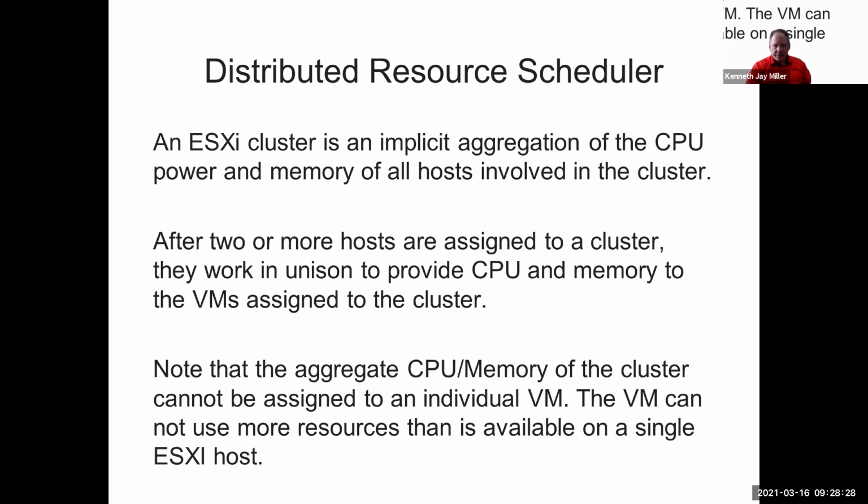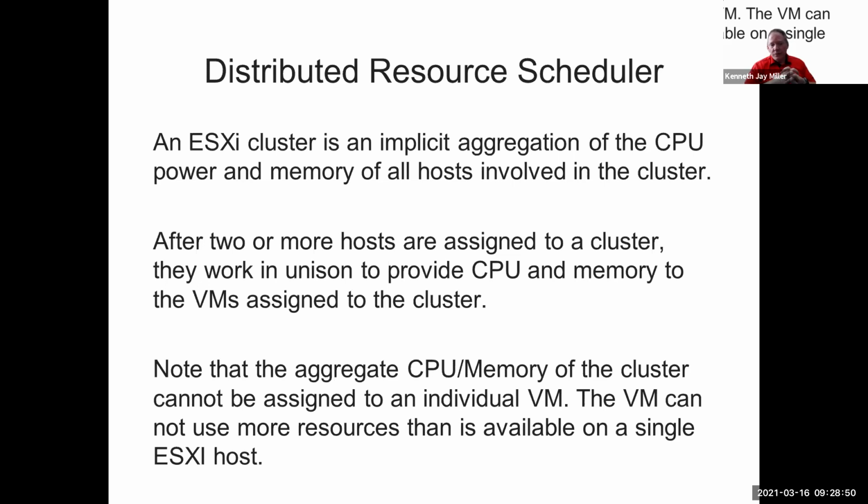So I may have one server with, say, 1 terabyte of RAM, another server with 2 terabytes of RAM. If I cluster them, all of the VMs in that cluster will see 3 terabytes of RAM, even though they're on 2 separate machines. So it just aggregates the CPU and the memory processing there.